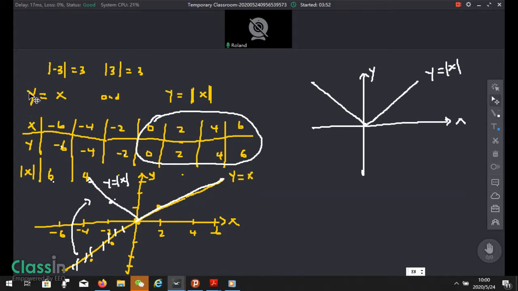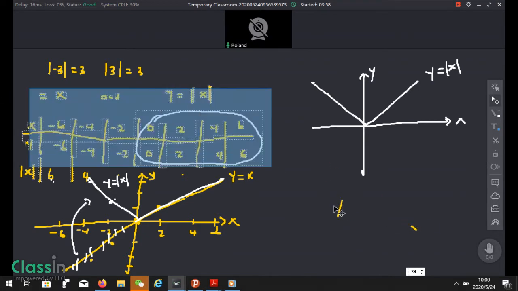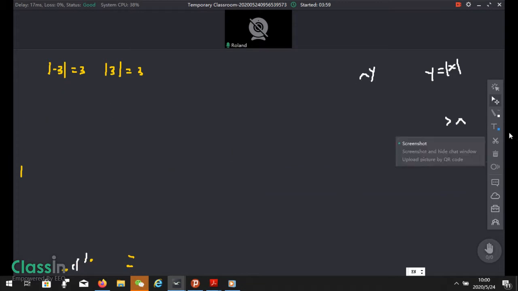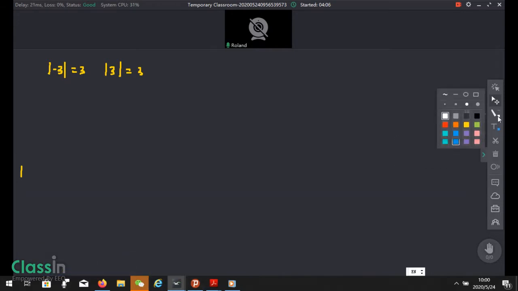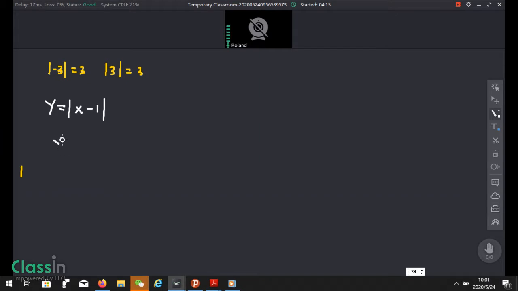Let's take a better example. Let's say we want to sketch the graph of y equals the absolute value of x minus 1. Now let's take the graph of y equals x minus 1 first. In this graph, when x is 0, y will be -1.